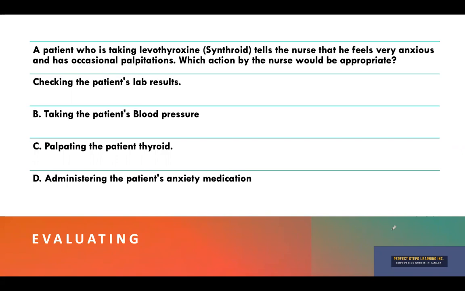And what would happen when I palpate the thyroid? Because this patient has hypothyroidism, is it abnormal if it is enlarged or not enlarged or whatever? And then what will happen as a result of anti-anxiety medications?